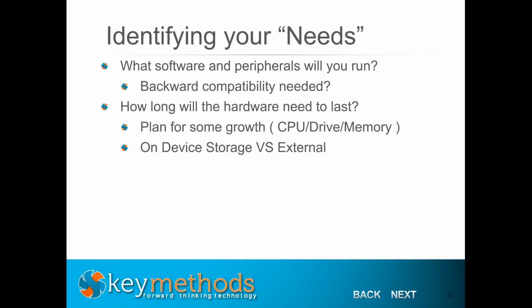Make sure you've got enough storage space, but make sure that you're leveraging things like external hard drives, maybe external thumb drives. We have the cloud, so we have a lot of places we can store what I'm going to call more static data than the stuff that you actually need to run locally.